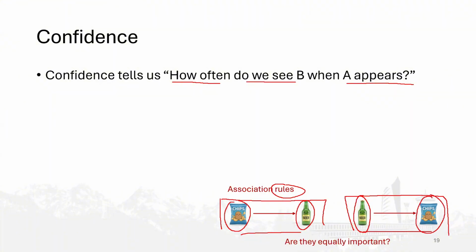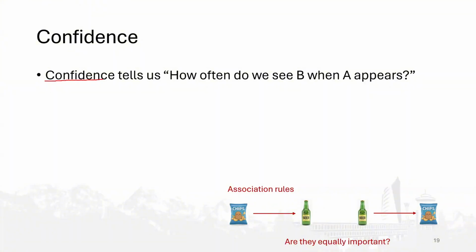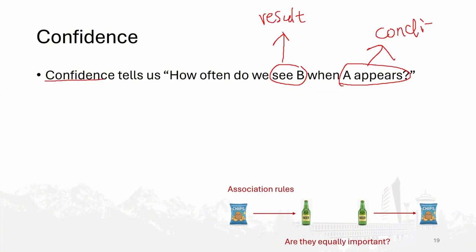So those are different rules because they have different conditions. So confidence is trying to tell us how often do we see B, this is the result, if A already appears, that's the condition. If we see this condition, how likely we will see the result.